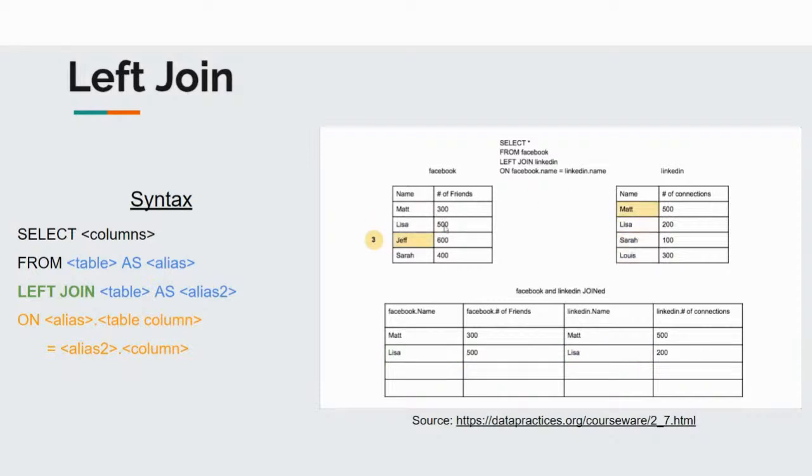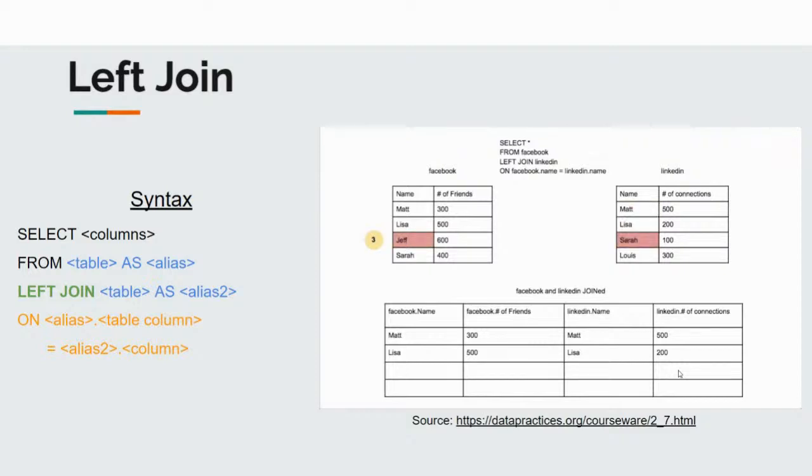So we have a match on Matt. We have a match on Lisa. No match on Jeff, which will actually leave you null values for table B, because I can't find anything. Null is different than 0, because instead of saying there's none, it says we can't find any values for it at all.